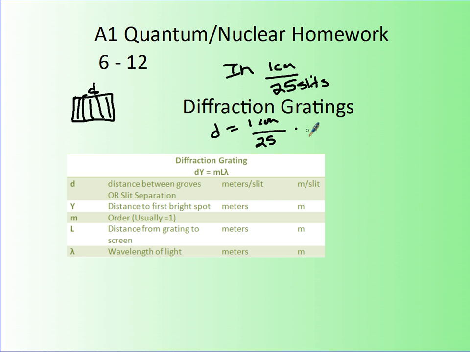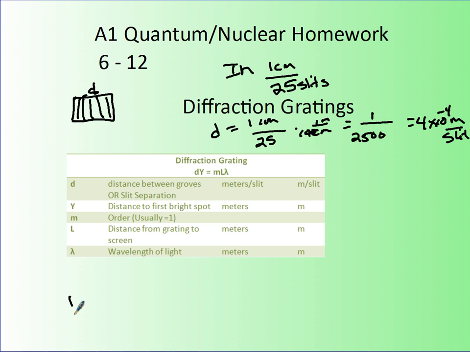But we're going to have to convert centimeters to meters. 100 centimeters is 1 meter. So for this one, D is going to be 4 times 10 to the negative 4 meters per slit. Okay, that's the hardest part.